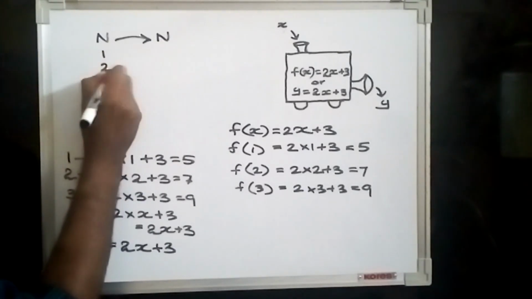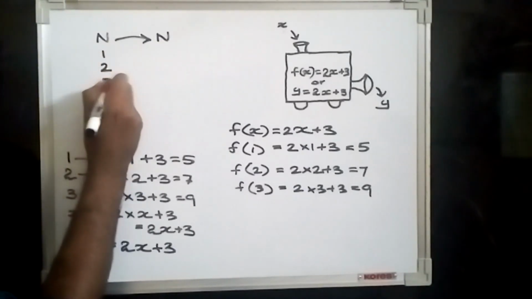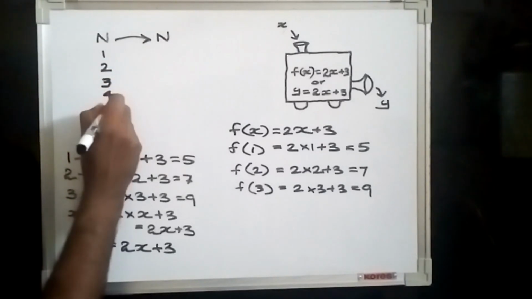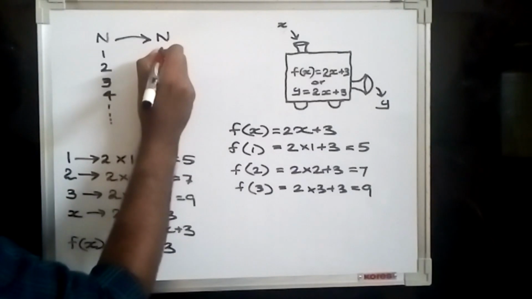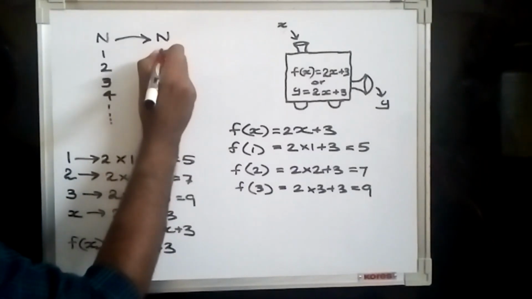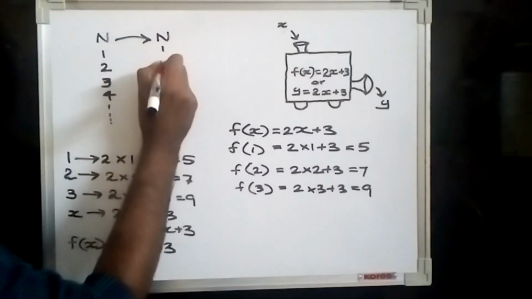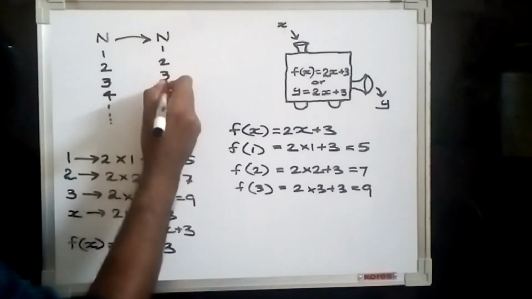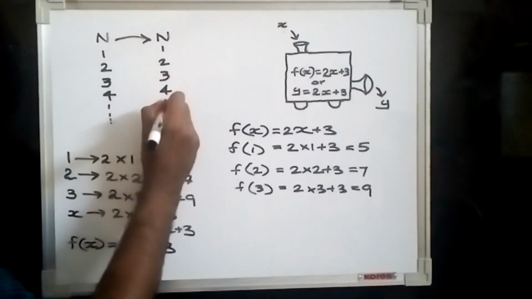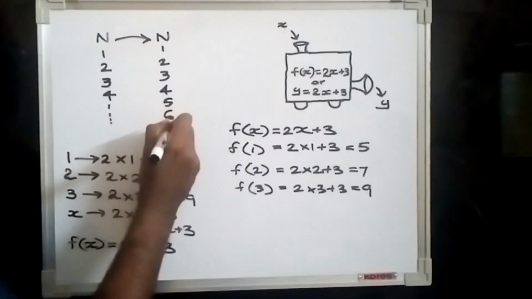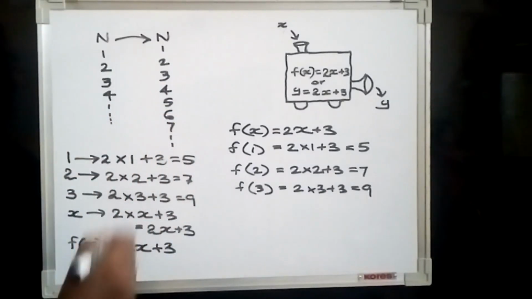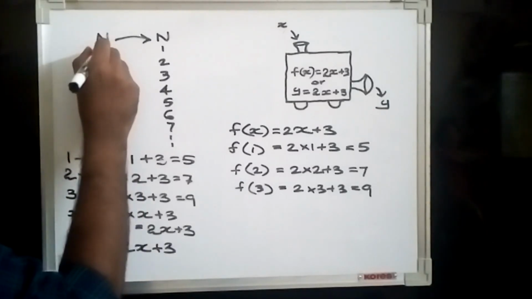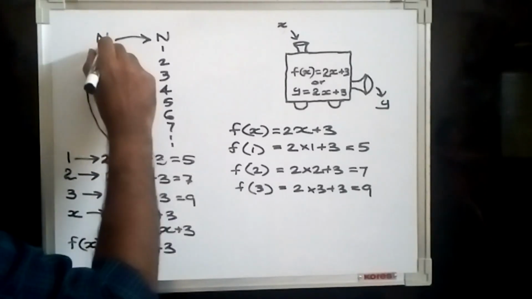The domain of the function is 1, 2, 3, 4, etc. And the range and the codomain of the function is also the set of natural numbers 1, 2, 3, 4, 5, 6, 7, etc. Let us use an arrow diagram.